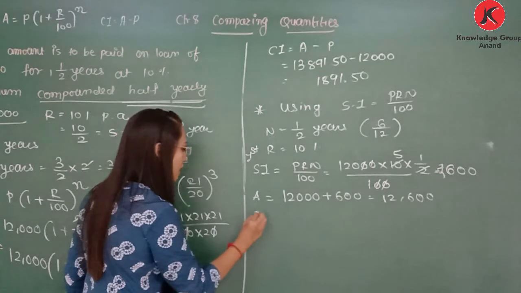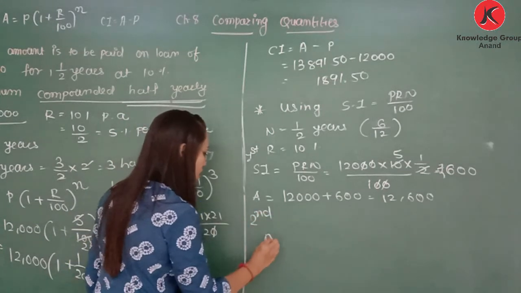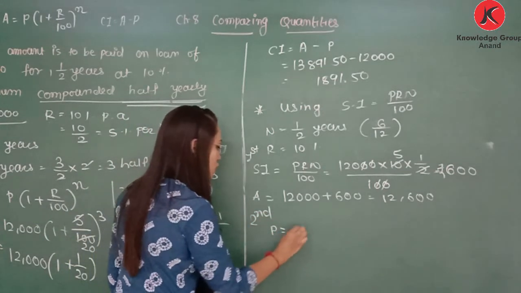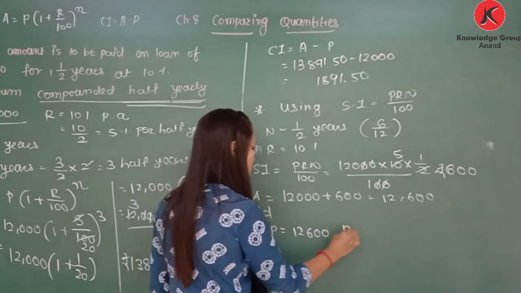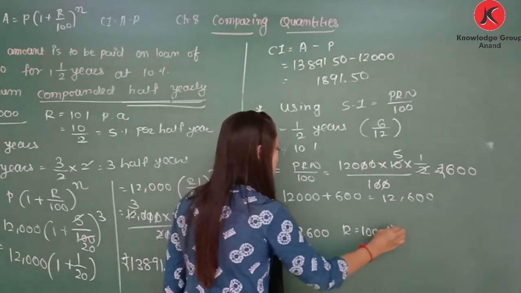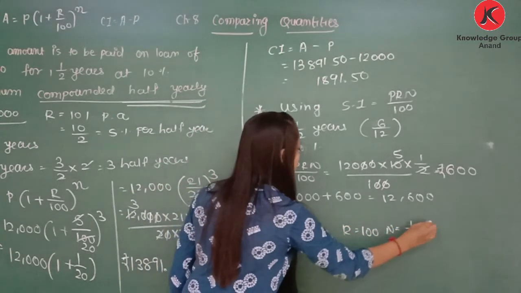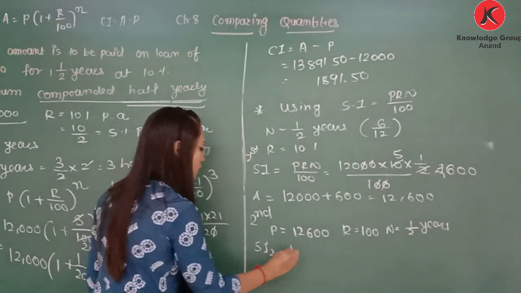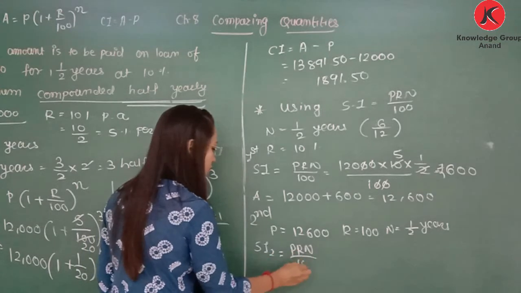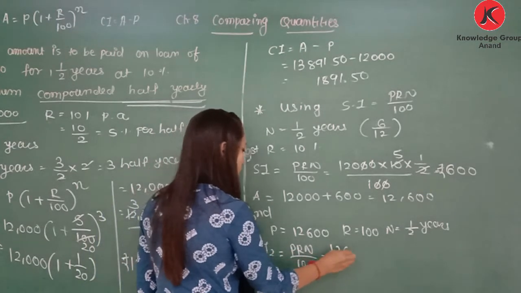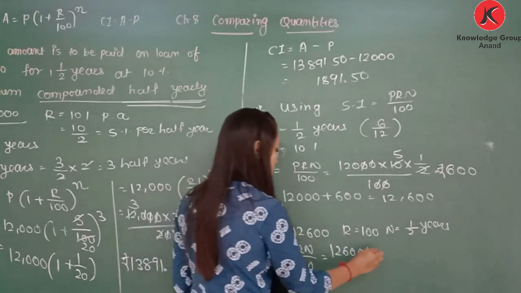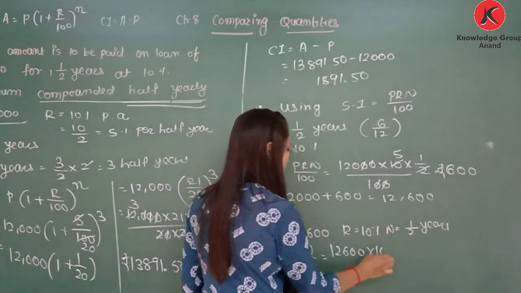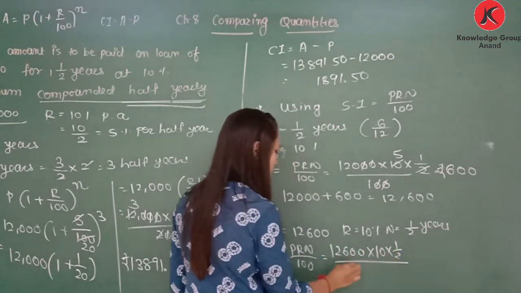Now the amount of this period becomes the principal of the next 6 months. So now for the second, our principal value is 12,600. Rate of interest remains the same and n is 1/2. So here SI2 is equal to PRN divided by 100: 12,600 times 10 times 1/2 divided by 100.